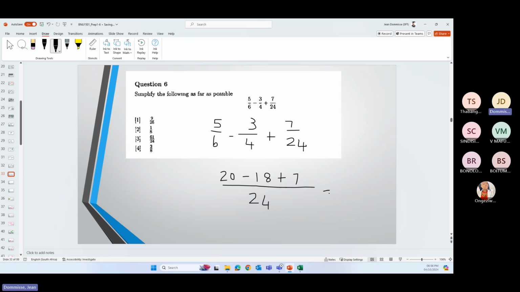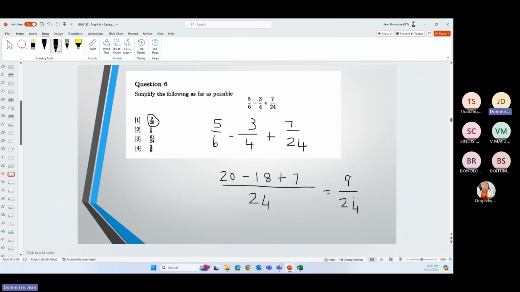And so then if we simplify this, 20 minus 18 plus 7 is 9/24. Okay, so let's now quickly check.